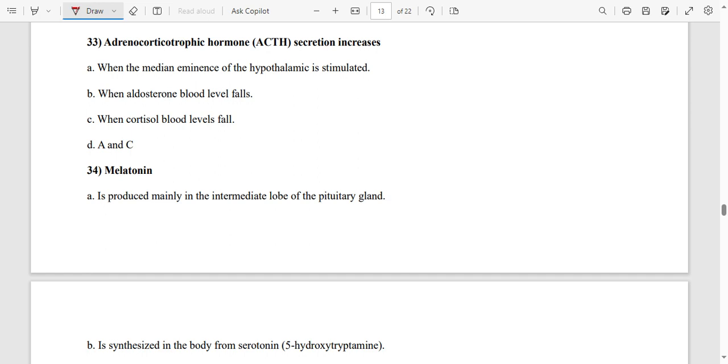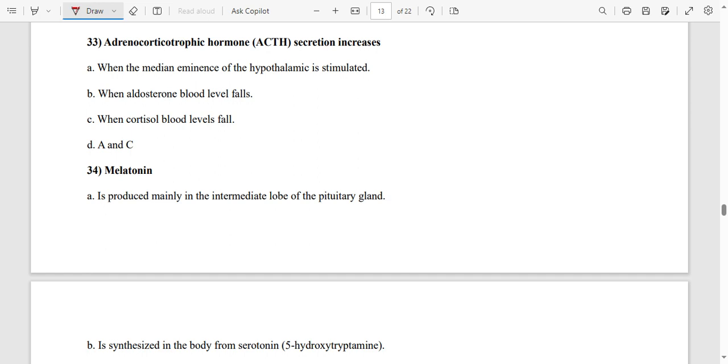So ACTH, adrenocorticotropic hormone, will come from the paraventricular nucleus. So what happens is that the paraventricular nucleus now, where is the paraventricular nucleus located? The paraventricular nucleus is located in the posterior pituitary, not anterior but posterior.